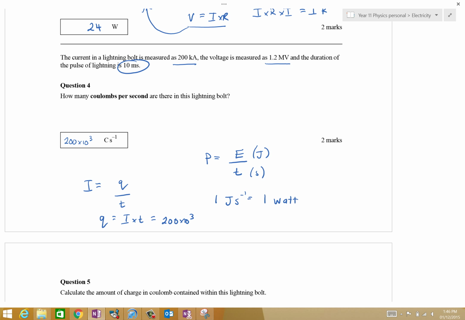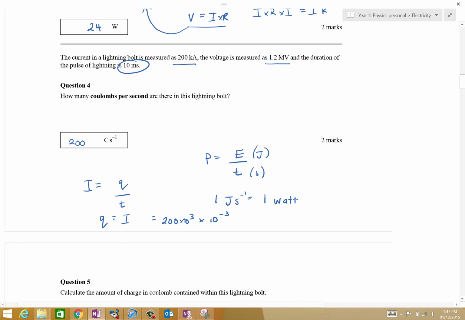But remember that this is per second, but this is happening over how many seconds? It's 10 milliseconds. So isn't that going to be 10 to the power of minus 3? Yeah? So in actual fact, your answer is 200 coulombs.